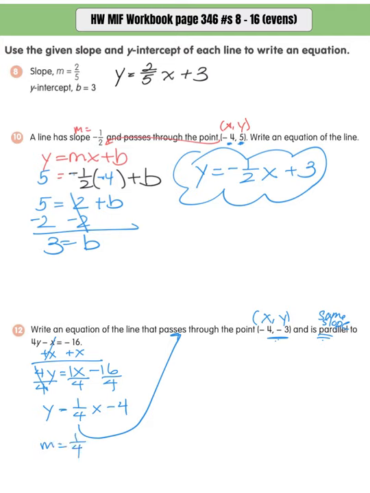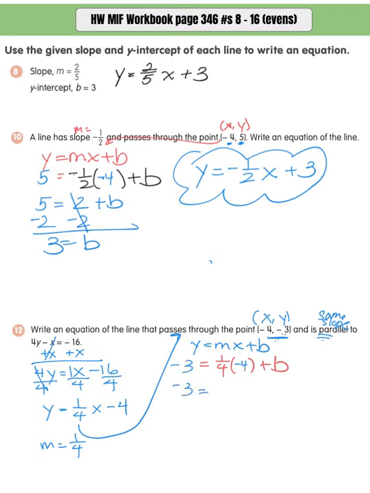So here we're going to do exactly the same thing as the one that we just did in the previous. So y equals mx plus b. We're going to replace, so my slope, I'm putting 1/4, and we're going to use, right here, the x is -4, and the y we said was -3.